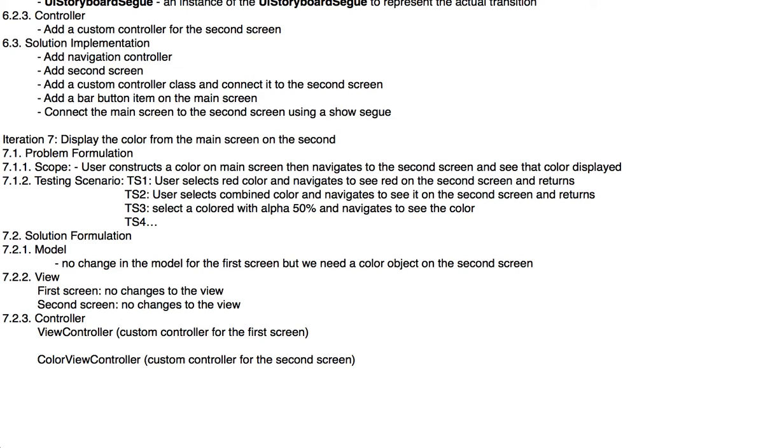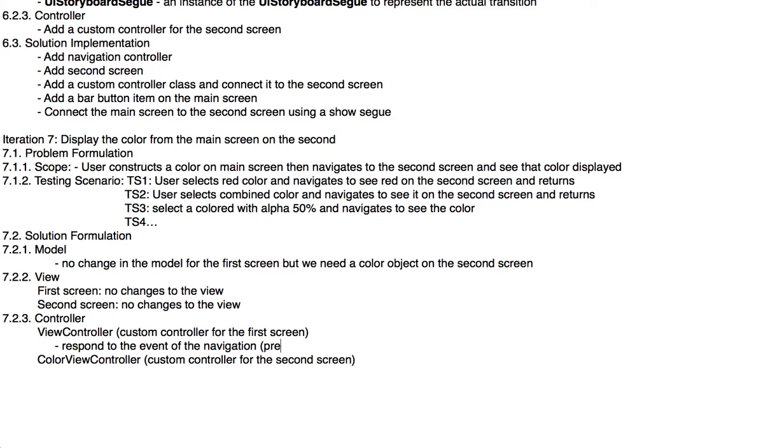Now, when the user clicks paint and says, I want to move to the second screen, at that event, the main screen has a color. The main screen should then take that color and copy it to the second screen, I am sorry. So in the view controller, I need to capture or respond to the event of the navigation.